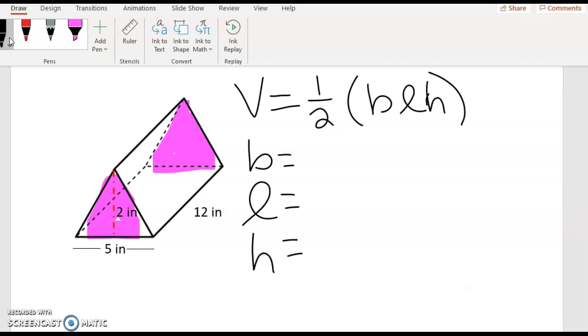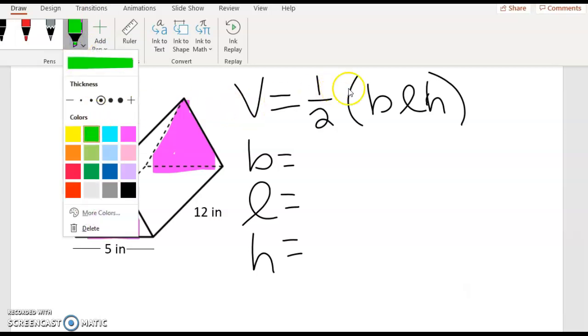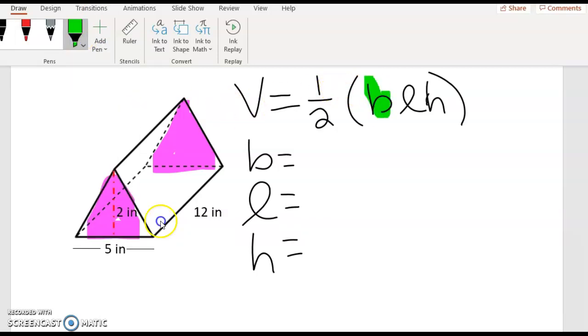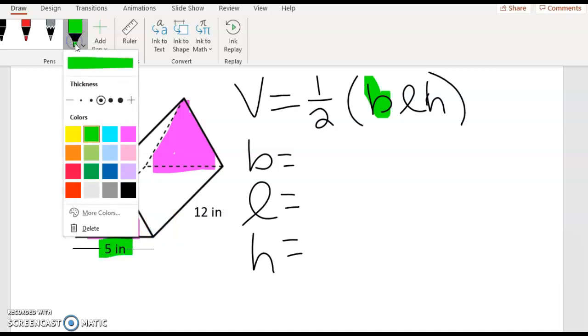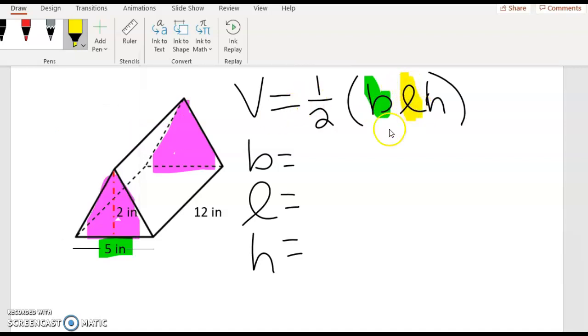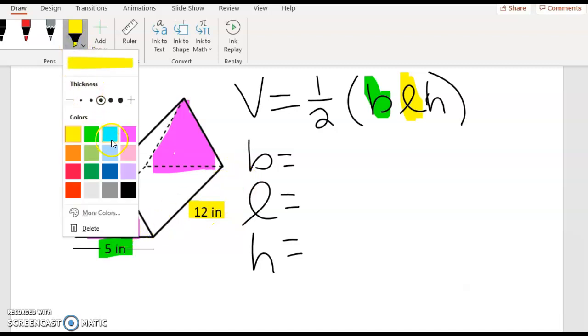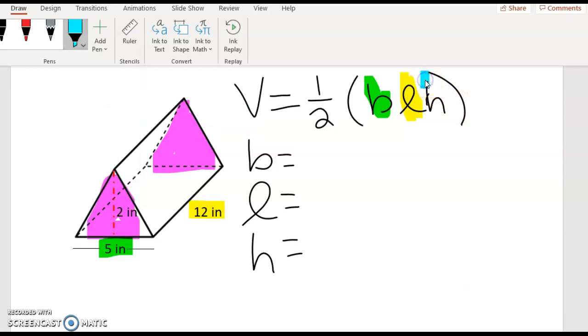It looks to me that our base, we're going to label it in green, is right here at 5. And then our length, that's going to be the longest side of our prism here, our length is 12. Now we have one measurement left that they've already given us, so I know that's going to be my height, but I can also tell because it's the height of my triangle. So right there, that's going to be my height.